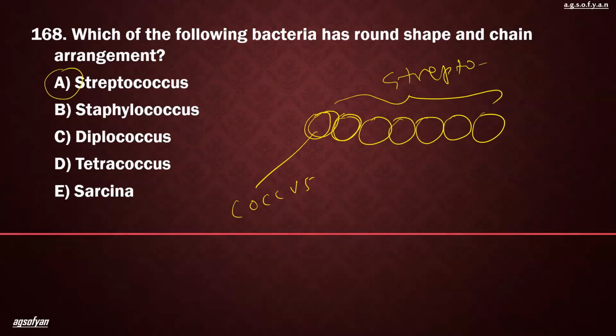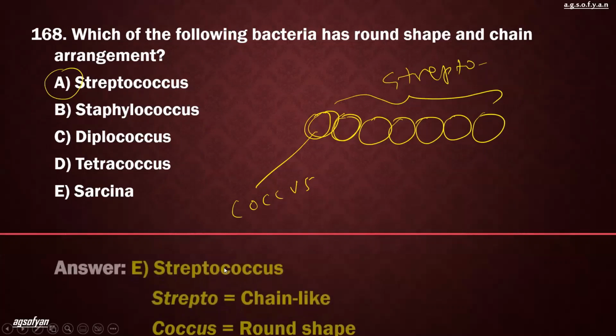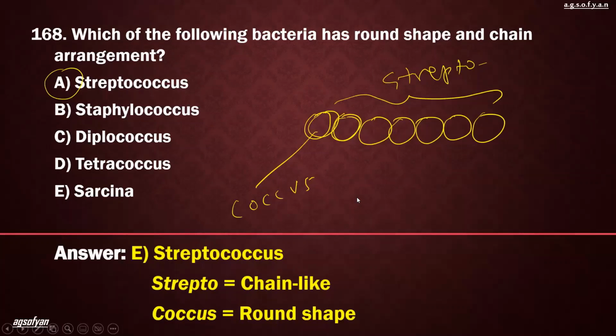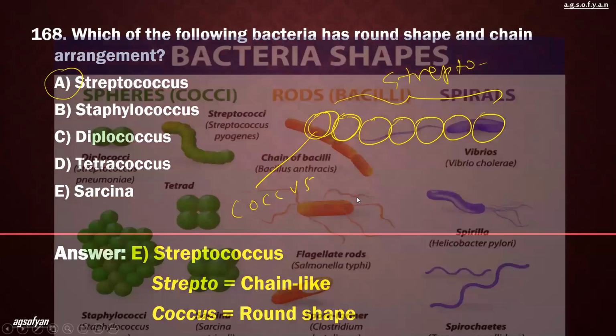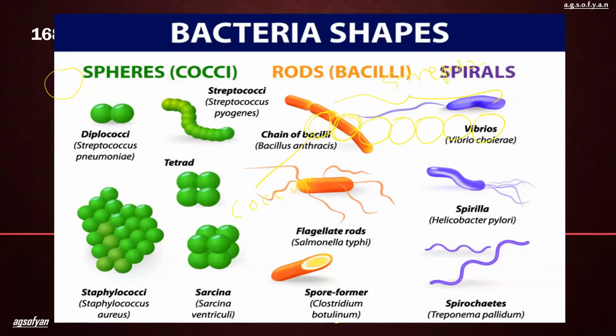Maybe you have heard about strep throat; it is caused by streptococcus bacteria. So this is streptococcus, chain-like, and if it is like a grape, that's staphylococcus. So strepto is chains, staphylo is clusters.